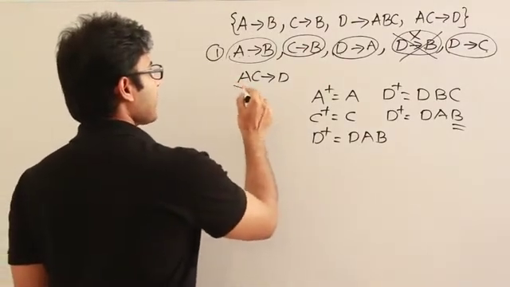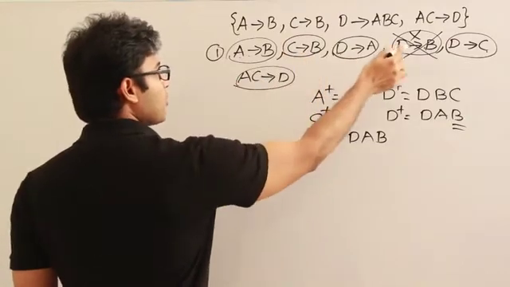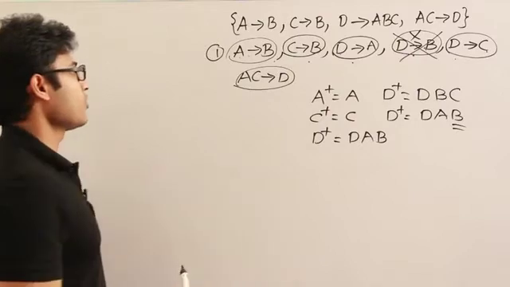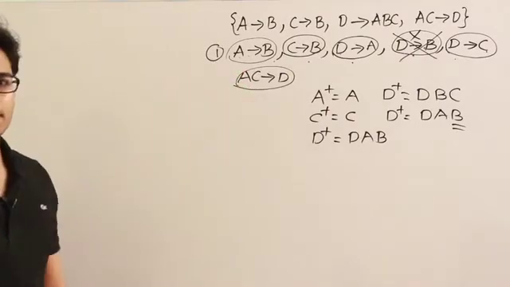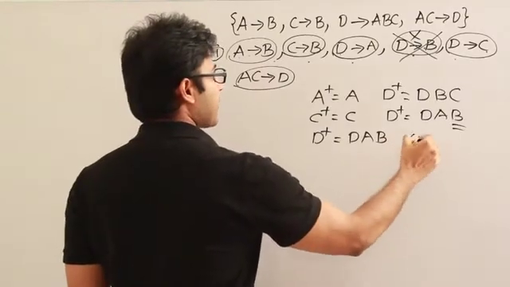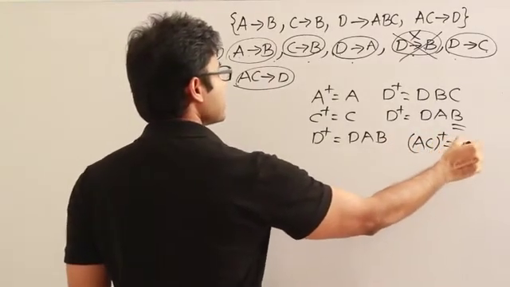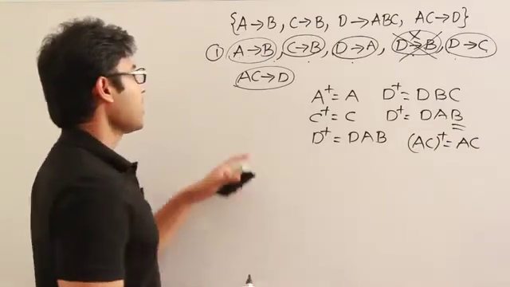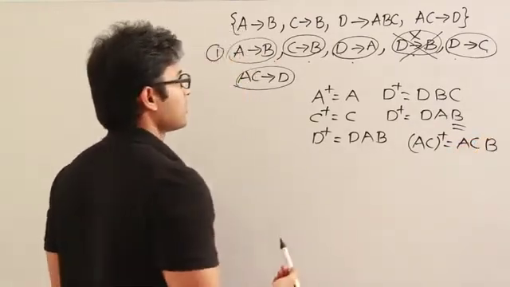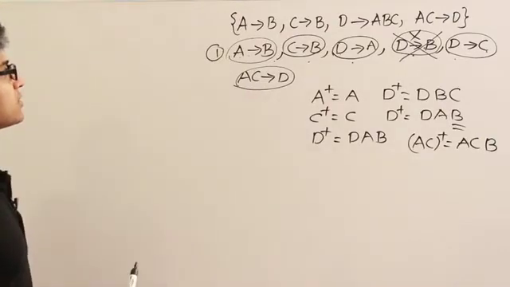Now let's see this one. Without only this, which means using these 4 productions, I want to see if AC plus can determine D. Let's see AC plus. Using AC plus I get AC, and using A I can get B, right? That's it, I guess.